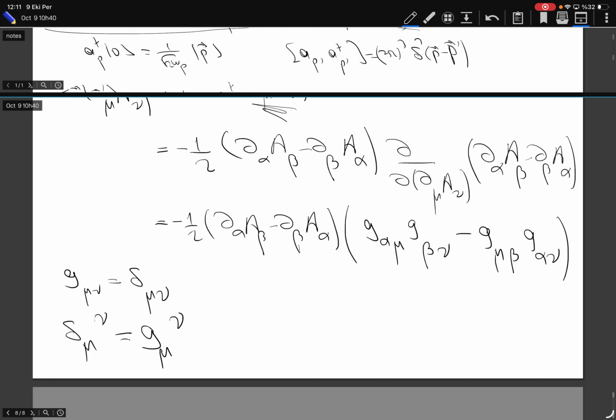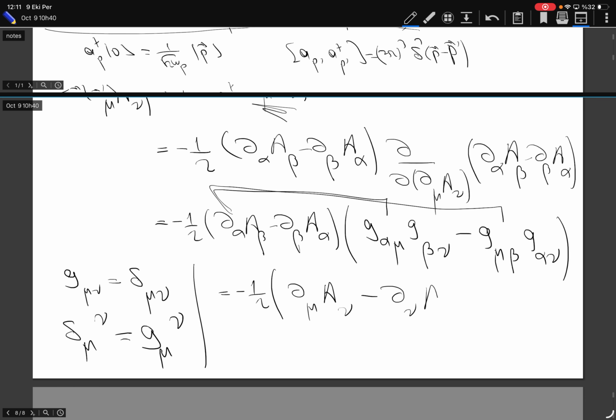Now, if I multiply these terms, what I will get is minus 1 over 2. Okay, this product will give me del mu A nu, and this product will give me minus del nu A mu. These two terms will give me del nu A mu, and the product of the second terms in both parentheses will give me the first one. So I get minus F mu nu.